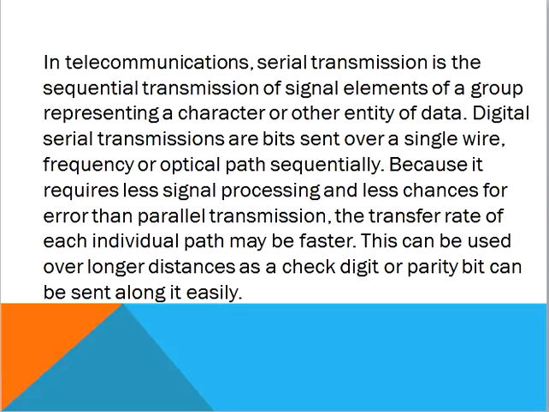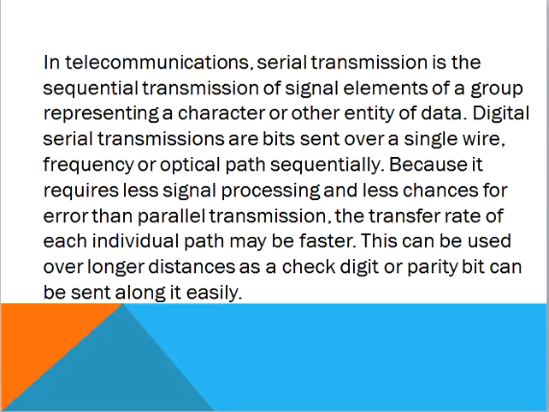In telecommunication, serial transmission is the sequential transmission of signal elements of a group representing a character or other entity of data. Digital serial transmissions are bits sent over a single wire, frequency, or optical path sequentially because it requires less signal processing and less chance for error than parallel transmission.